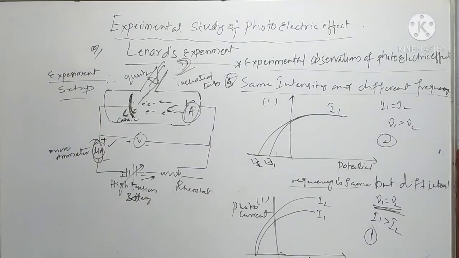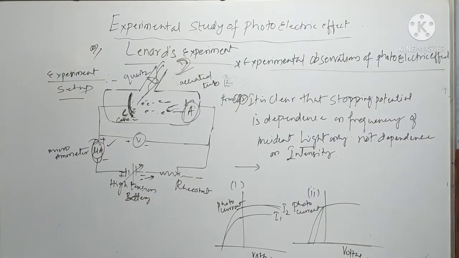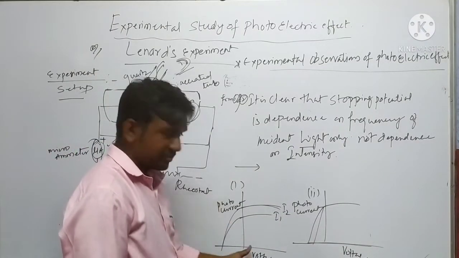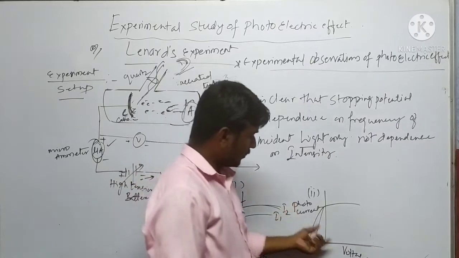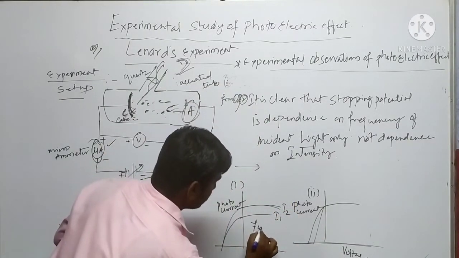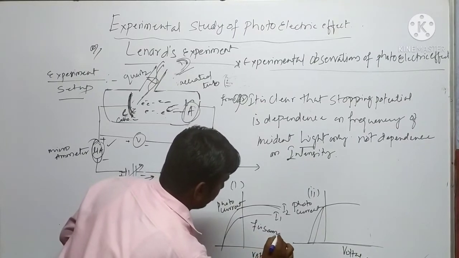So therefore the photocurrent versus voltage: keeping frequency the same, f is the same.